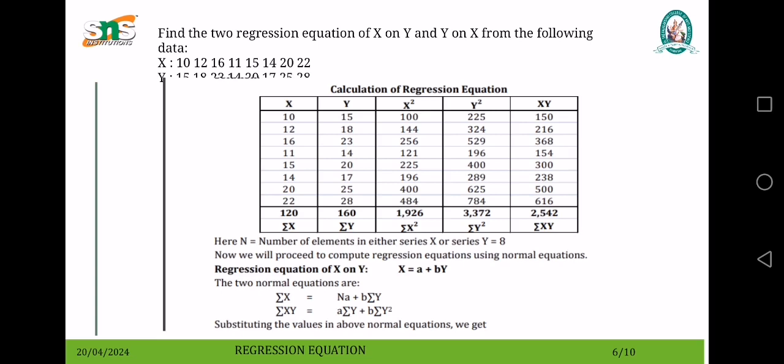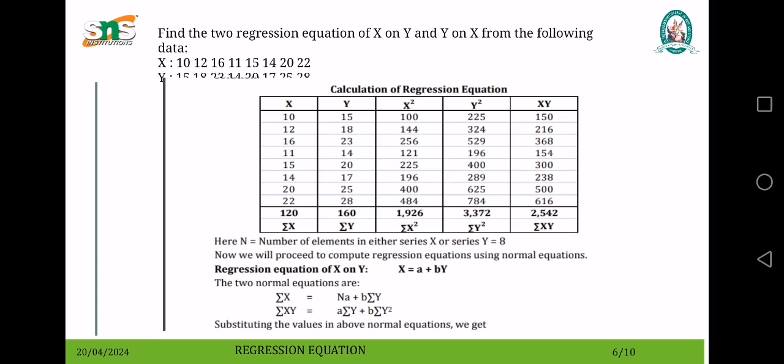So we add x, summation of x is 120, summation of y is equal to 160, summation of x square is 1926, summation of y square is 3372, summation of xy is 2542. Here n, the number of elements in either series x or series y, is equal to 8.